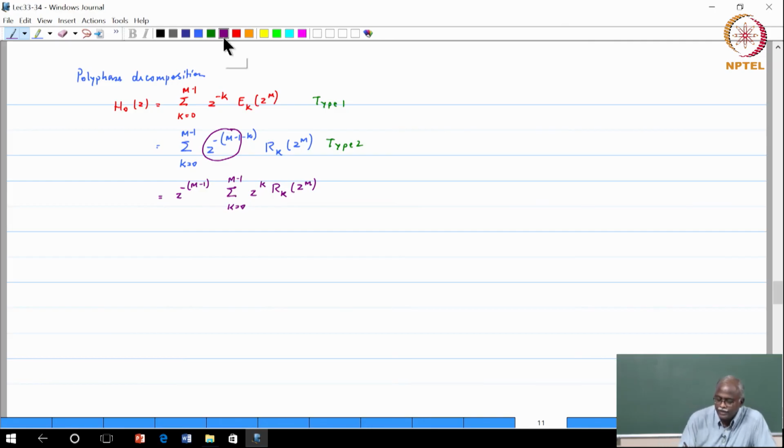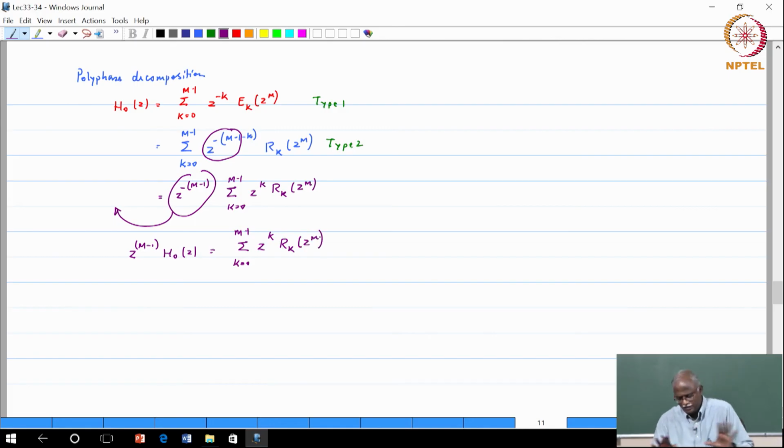So, actually if you take one more step, you take this z power minus 1 to the other side, then what we get is z power m minus 1, not plus 1, z power m minus 1 times h naught of z is equal to summation k equal to 0 to m minus 1 z power k r k z power m.